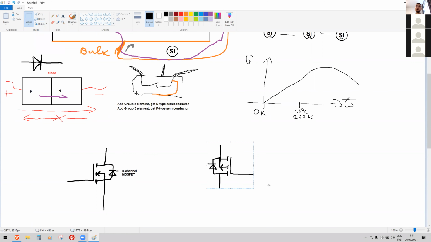Yeah, flip horizontal. When I draw a schematic, I can flip it the other way around. I can also mirror it vertically. And so this thing can actually become very similar to this N-channel MOSFET. So the only thing that determines whether this is a P or N-channel MOSFET is this arrow in the center.